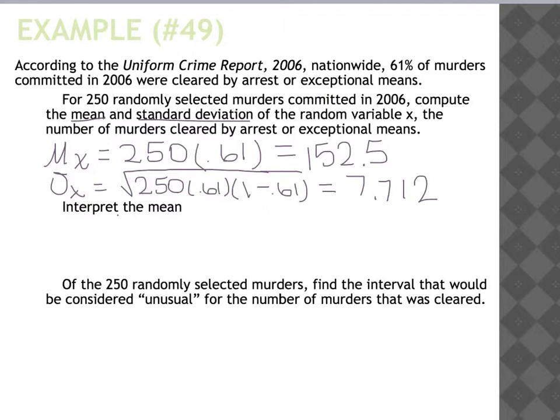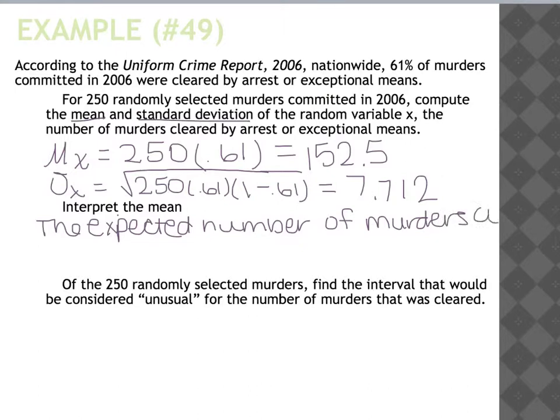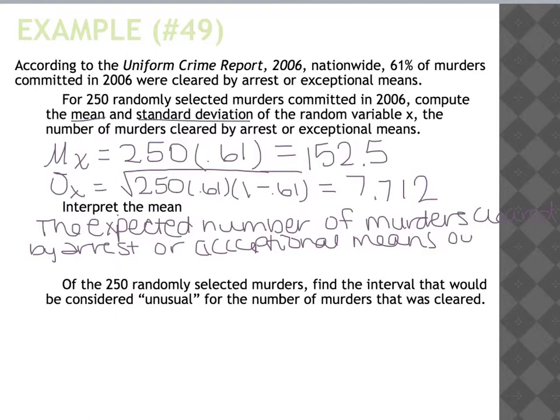So we would say the expected number of murders cleared by arrest or exceptional means out of, you always got to say out of 250 because it makes a difference out of how many you're looking at, would be 152.5.